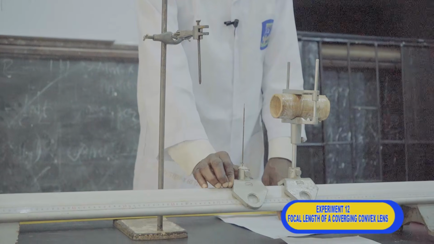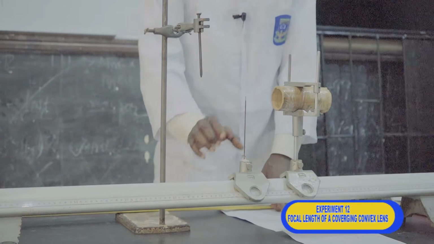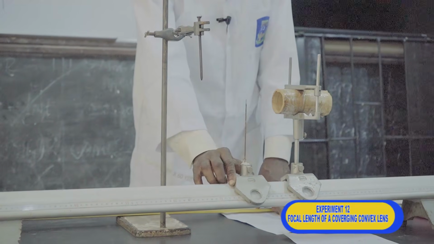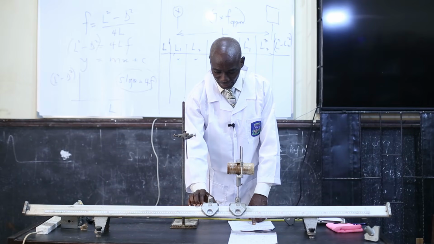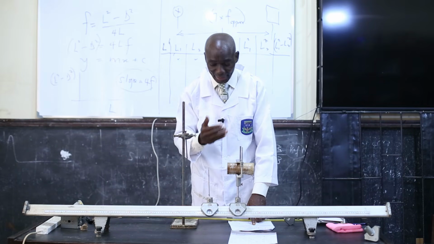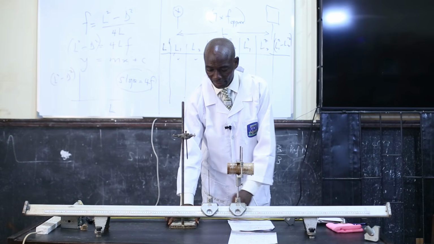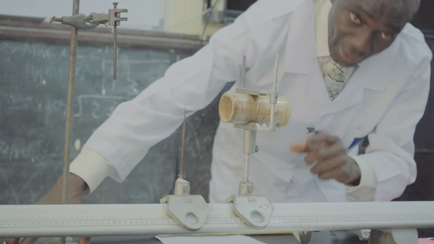Of course, it's still going to be less than the focal length that we got in the first method. So we change the position of the object and repeat again to get the corresponding image distance, where you're going to have coincidence between the image, the object and the search pin.